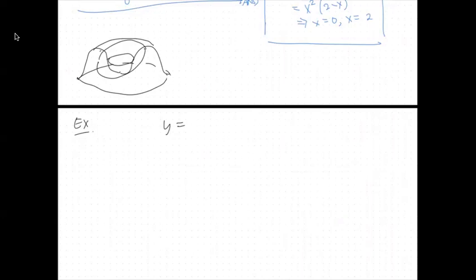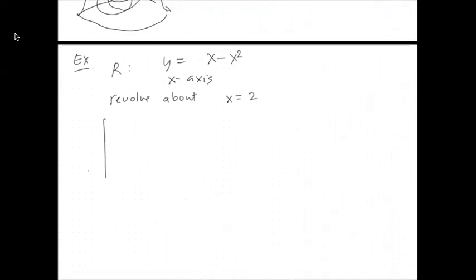So y is given by x minus x squared, and the region is bounded by the x-axis and revolved about x is equal to 2. Now let's draw the region.